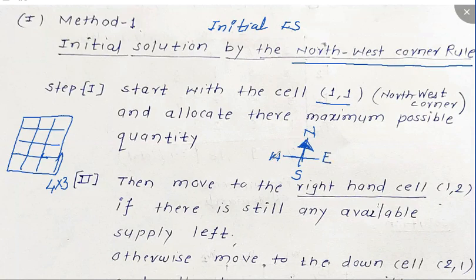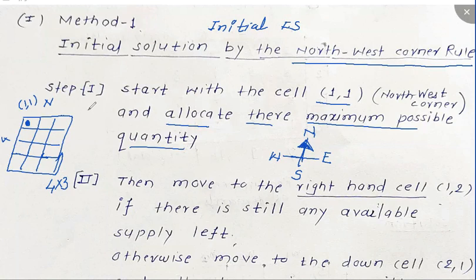So north and west corner. If this is north and this is west, this corner is called northwest corner, and it is cell 1, 1. So we start with this cell and allocate the maximum possible quantity.